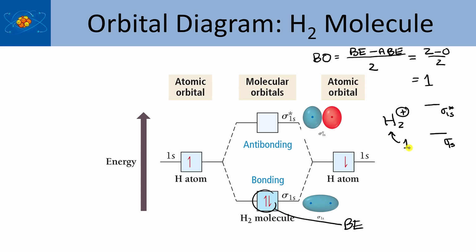I have 1 valence electron. H2 would have 2, but it's a positive charge, so I lose 1. So I could put 1 electron down in here, and if I wanted to calculate the bond order, I end up getting BO equals 1 minus 0 over 2, or a bond order of 1/2. And this implies that H2 plus as an ion could be formed. In fact, it can be formed in the gas phase as a stable ion.